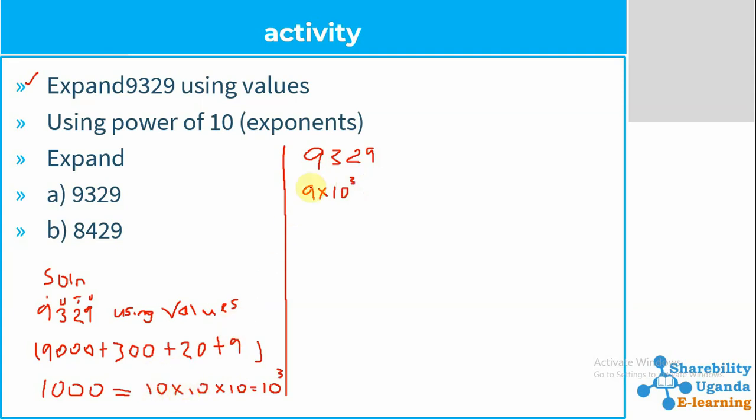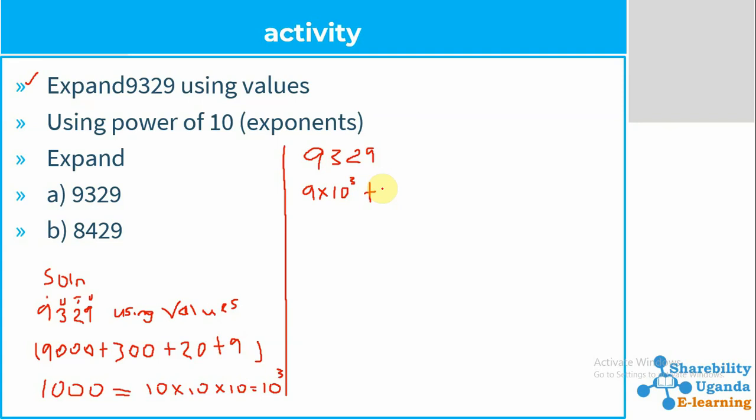And also you can use another method of counting how many numbers are remaining. You say this is 1, this is 2, 3. Then you say 9 times 10 to the power 3 is 9,000. Then you also add our 3 now. How many numbers are remaining? You have a 1, you have a 2.